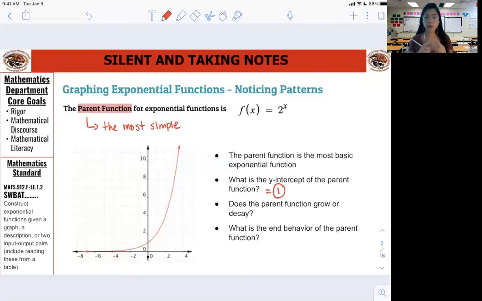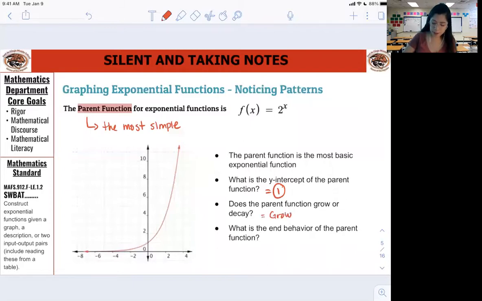And does it grow, does it increase, or does it decrease? The function itself, the graph. It increases. Yeah, it's increasing. So this is a growth function, it's growing.